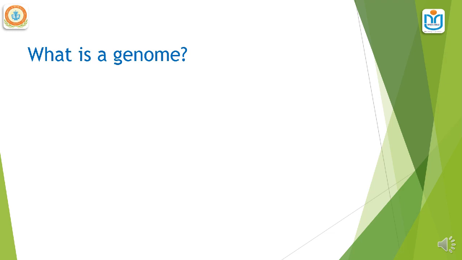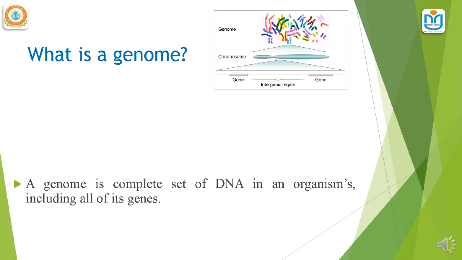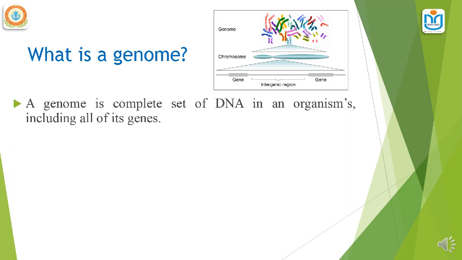Now let's see what a genome is. A genome is a complete set of genetic material, that is DNA, in an organism that includes all its genes. As we all know, our genetic material DNA consists of both coding and non-coding regions.